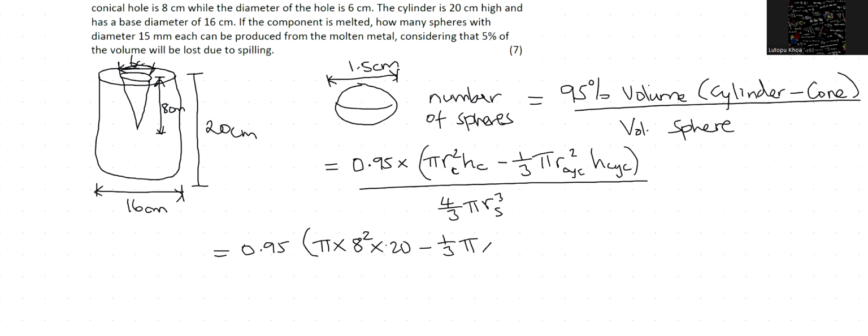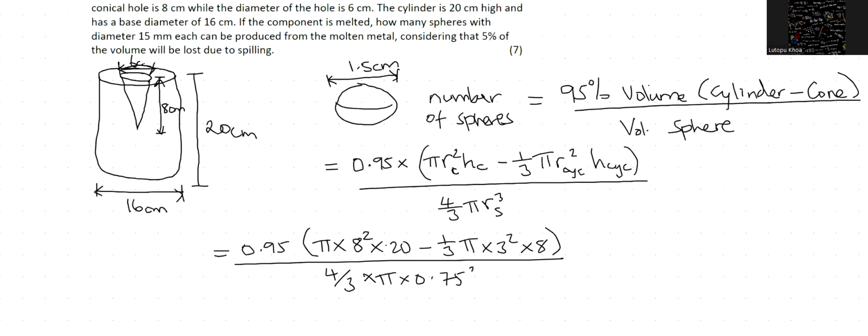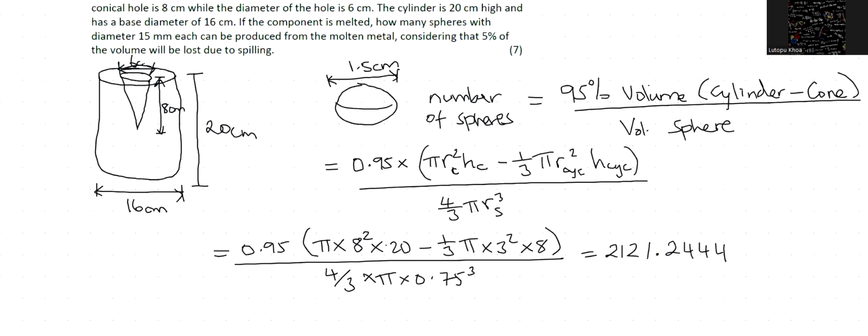The height is 8. And this is divided by 4/3 times pi. The radius here is 0.75 cubed. Okay, so this you just do on your calculator.